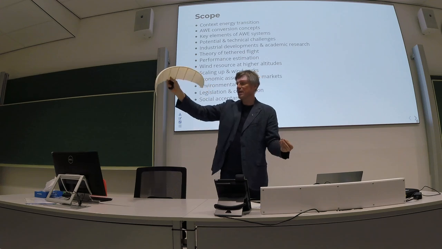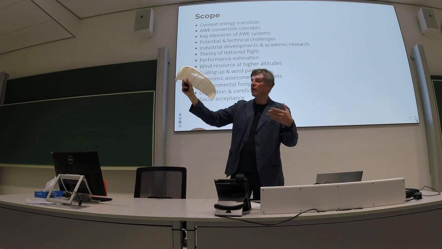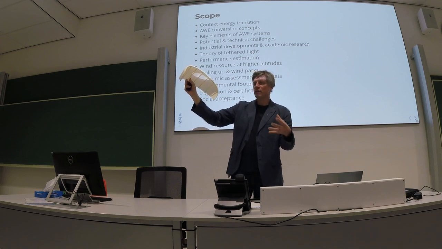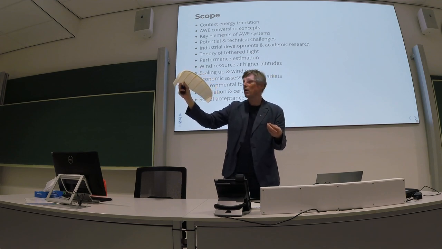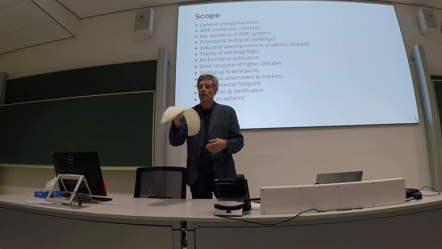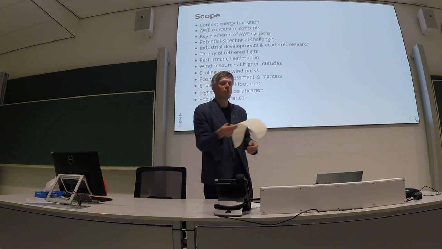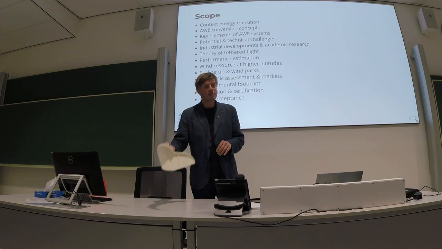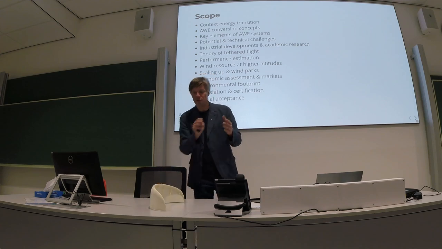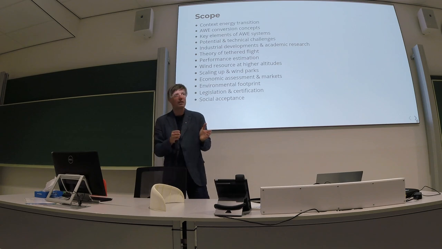And by flying, there will be strong forces in this tether. We'll get to that later. And these forces are often a lot higher than the gravitational force that acts on an aircraft in cruising flight. That is at the core of the difference between airborne wind energy, tethered flight, and untethered flight. But we will get to this later.